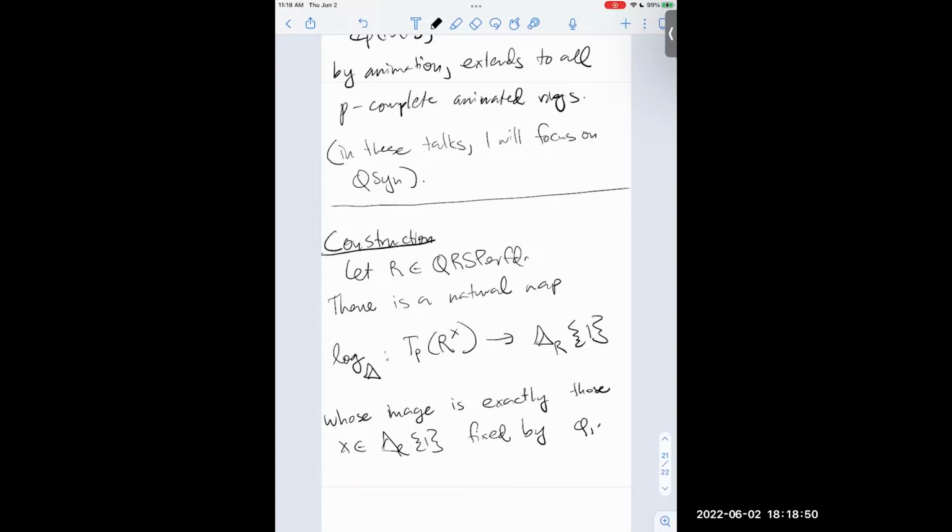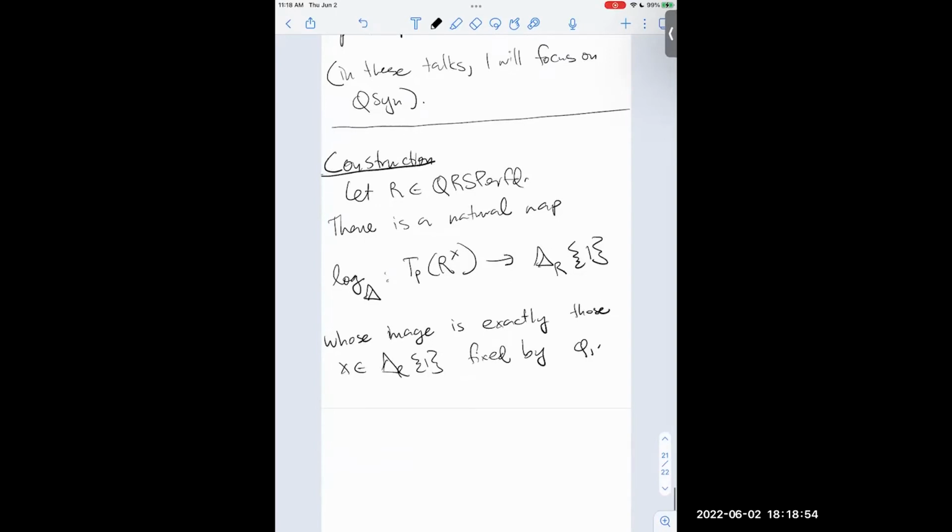Fixed by the operator phi_1, which again has a pole. And so in fact, this establishes an isomorphism between the Tate module of the units in R and these fixed points. In particular, it lands in the first syntomic complex.